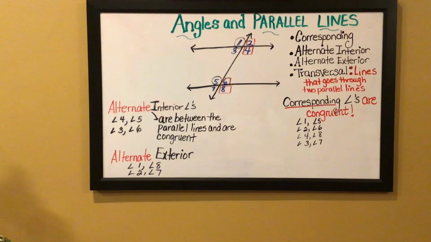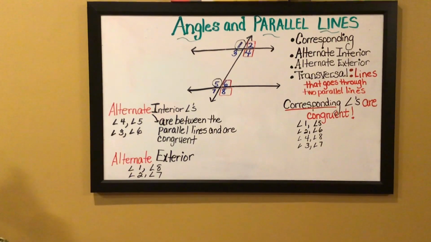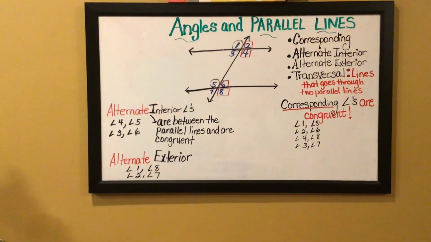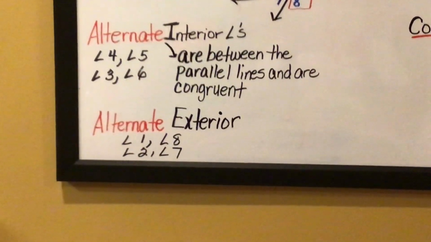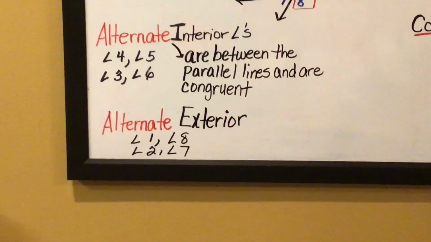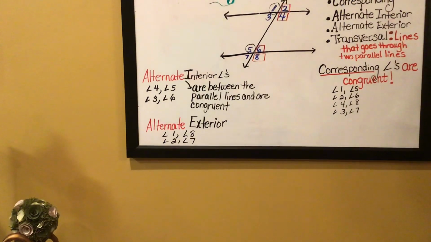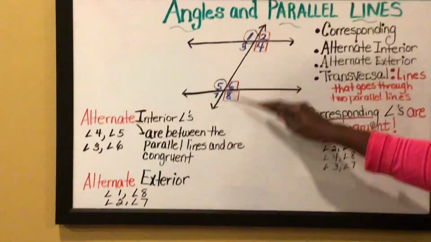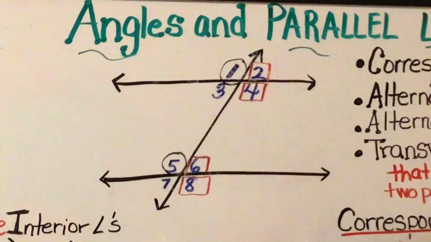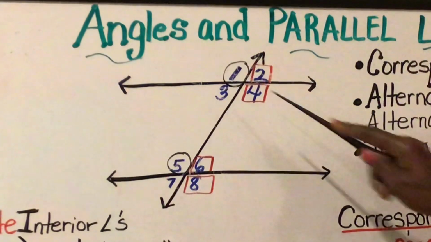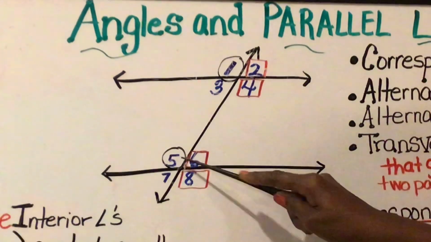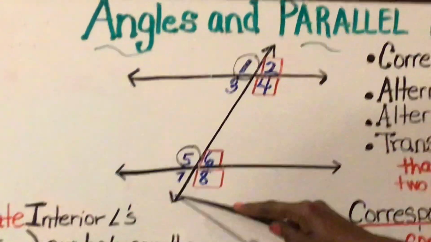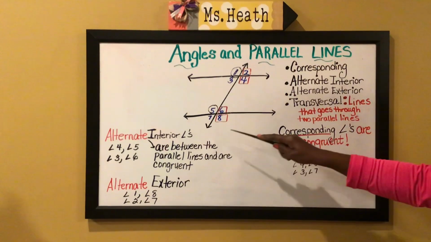Y'all are doing really good with this. Now we got one more thing to discuss, and that would be the alternate exterior. Alternate means on the opposite side of the transversal. So that means it's on the opposite side of this transversal line. So 1, 3, 5, 7 are on the alternate side.